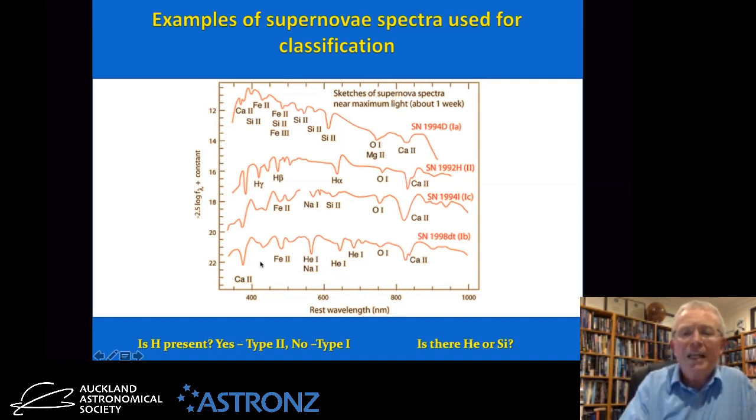Oh, but look, there's helium in this one here, so it must be a 1b. That tells you that a massive star has had a core collapse. It's shed its hydrogen, but it's got a helium outer layer still there, so it must be between, say, 40 and 60 solar masses. You look at this one further up here, the 1c: you don't see hydrogen, you don't see helium, you see a little bit of silicon, but not too much at all.